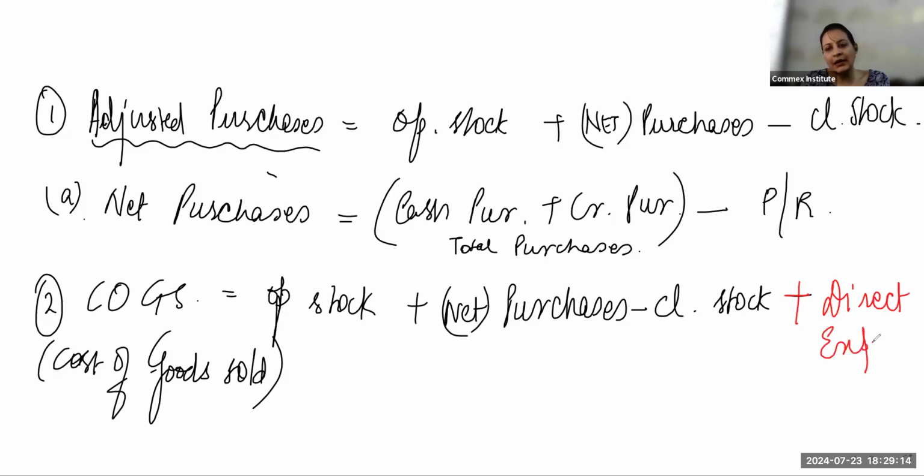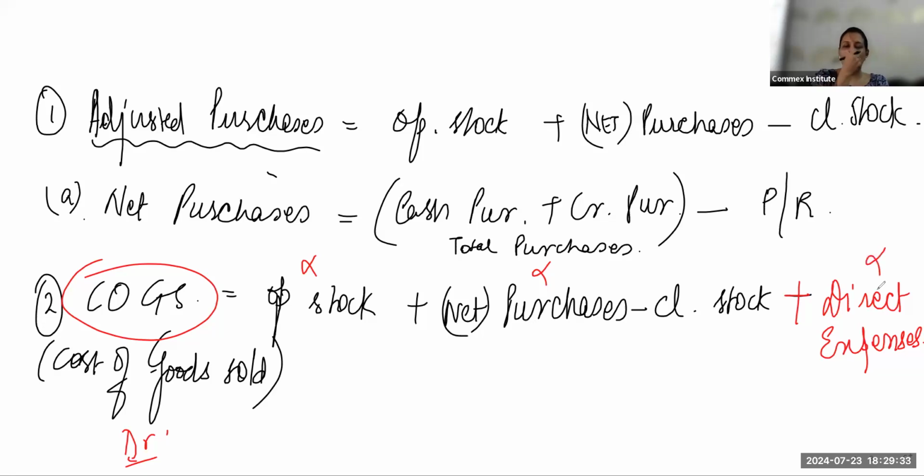Now see, Ananya, why I'm telling you this is, if COGS is given to you in the trial balance as a debit, then you won't show the opening stock, the purchases, or the direct expenses like wages and factory expenses and all expenses relating to the factory, because you have already included that in COGS.